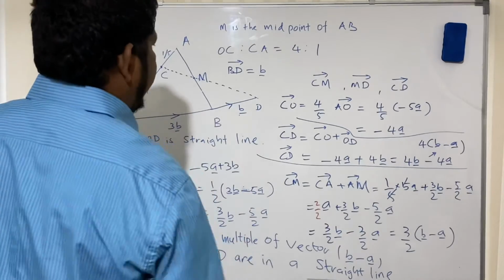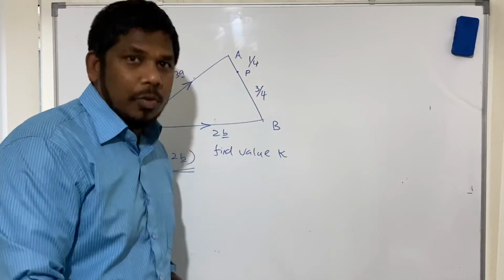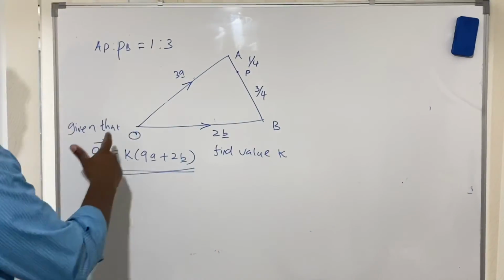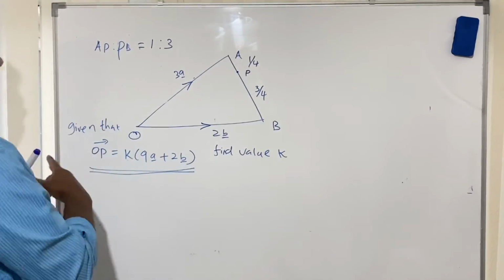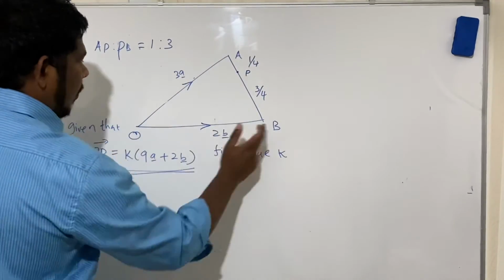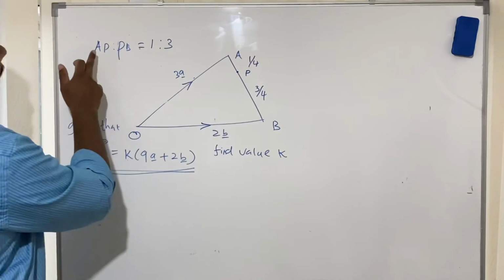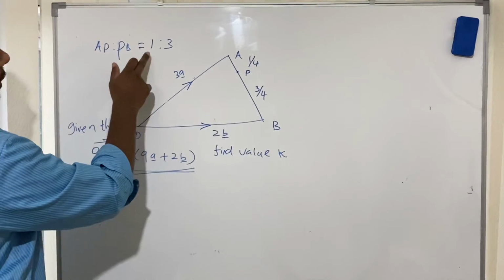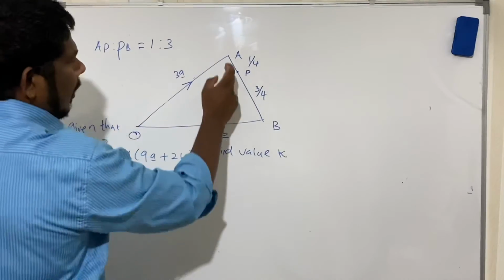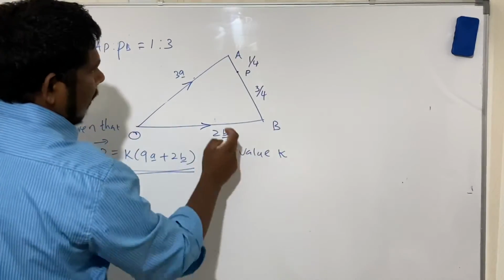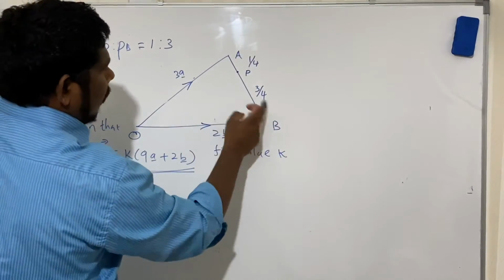That's it. So now we can do a past paper question. In triangle OAB, vector OA is 3A, vector OB is 2B. And there's one point P in AB. Ratio of AP to PB is 1 to 3. So AP is 1/4 of AB and PB is 3/4 of AB.